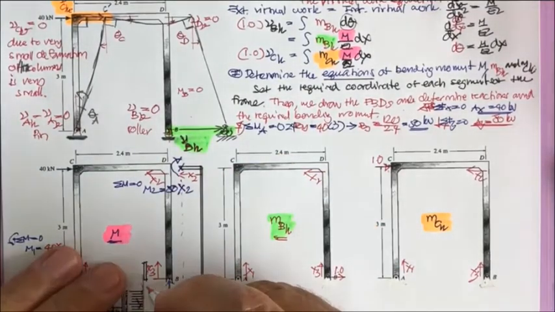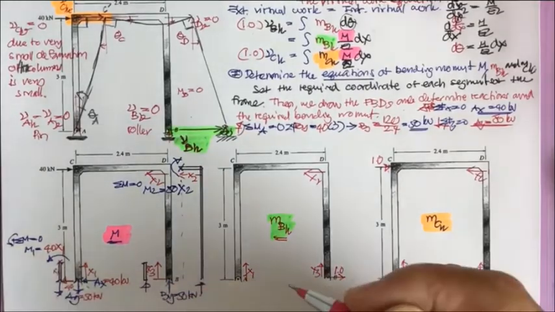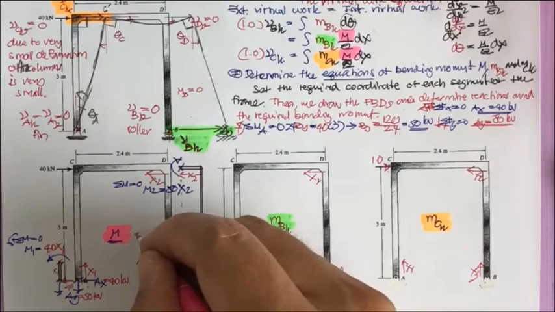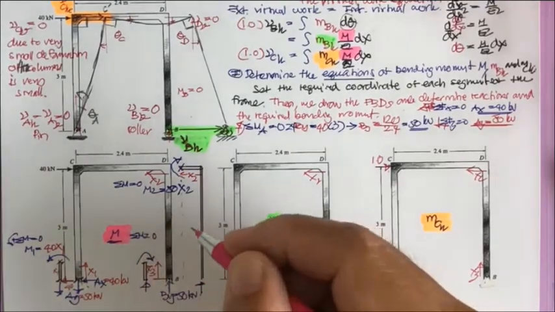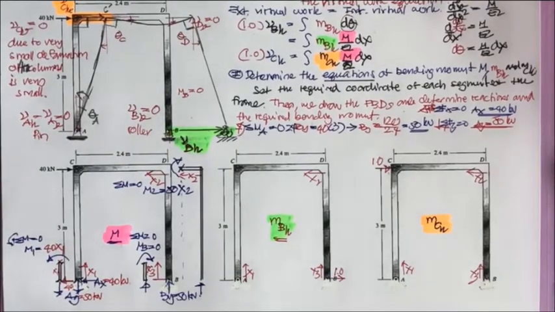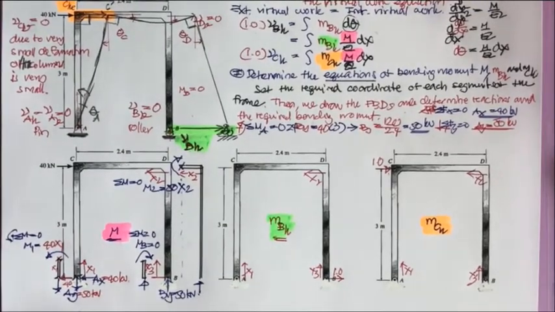And the last one, we have this is the B sub y here. And let's put this one as m3, summation of moment equal to 0. So m3 is 0. Okay, that is for the moment due to the 40 kilonewton force.